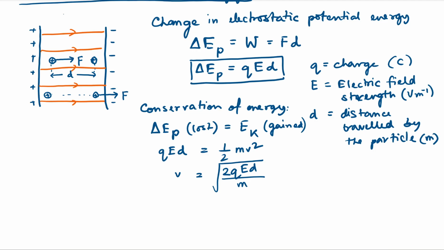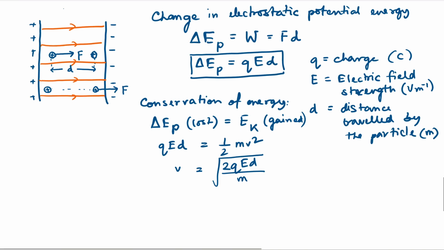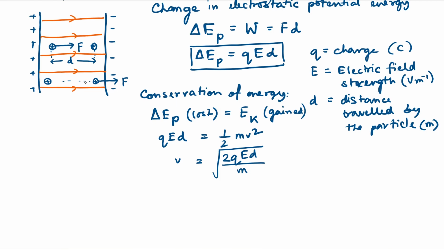So the work is done on the particle, and it will gain electrostatic potential energy. If the particle was already traveling at a speed v over here, and it had some kinetic energy to start with, then as the particle moves through this electric field, it will use its kinetic energy, and that will get transformed into electrostatic potential energy.